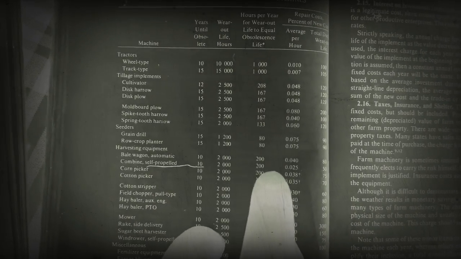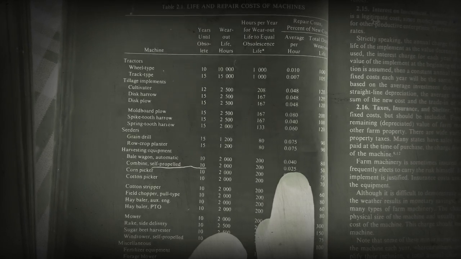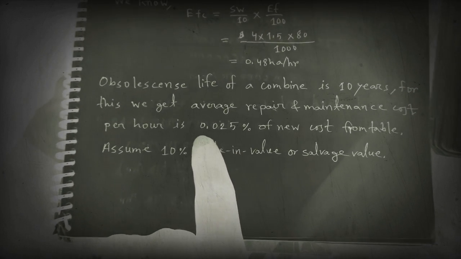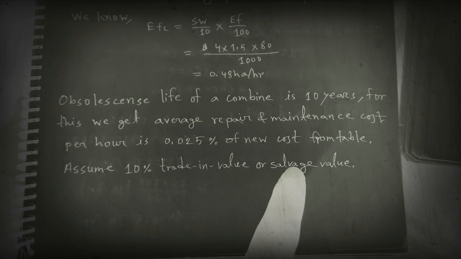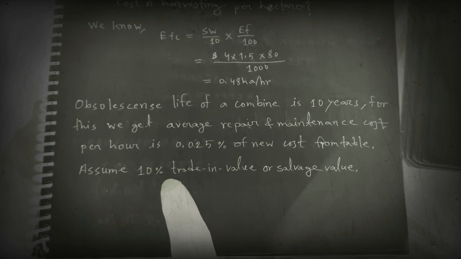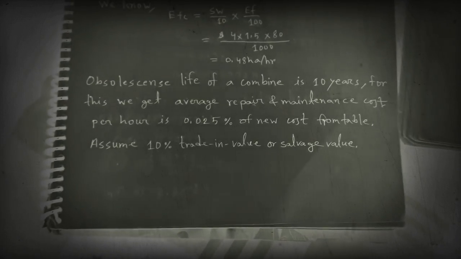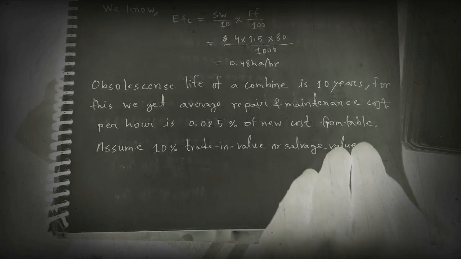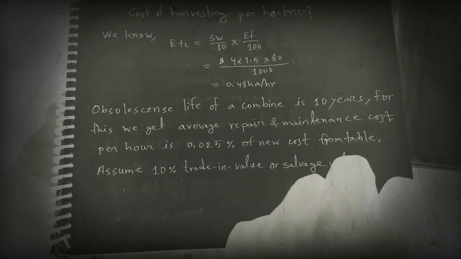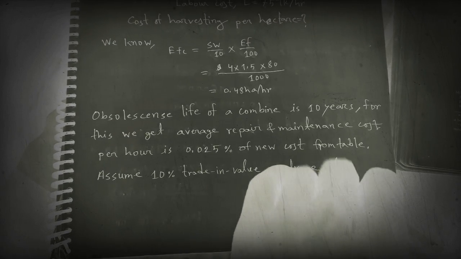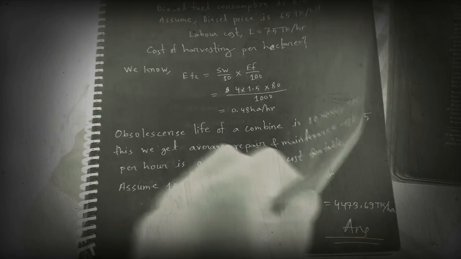For a self propelled combine it is given 0.025 percent of new cost from the table. Assume 10% trade in value or salvage value. If you don't understand what salvage value and obsolescence are, then go and see my first video.